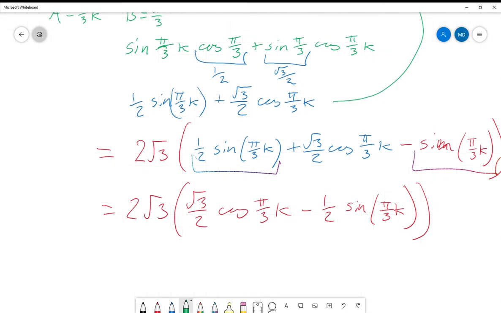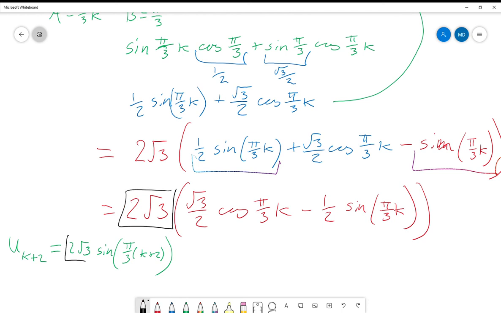Now, if we think carefully, we want u of k plus 2 to be equal to 2 root 3 sine of pi over 3 times k plus 2. So what we want, we already have this 2 root 3.